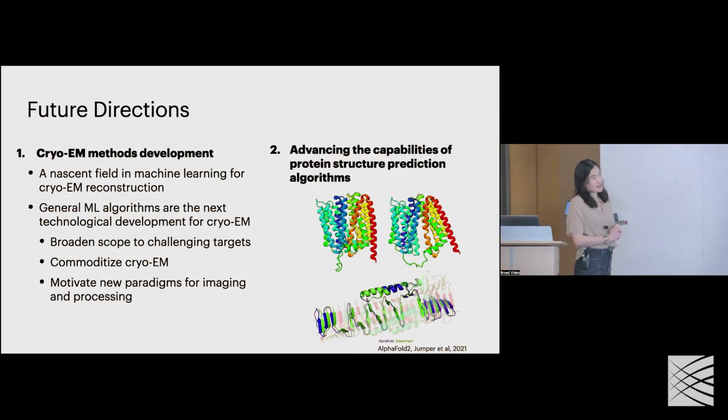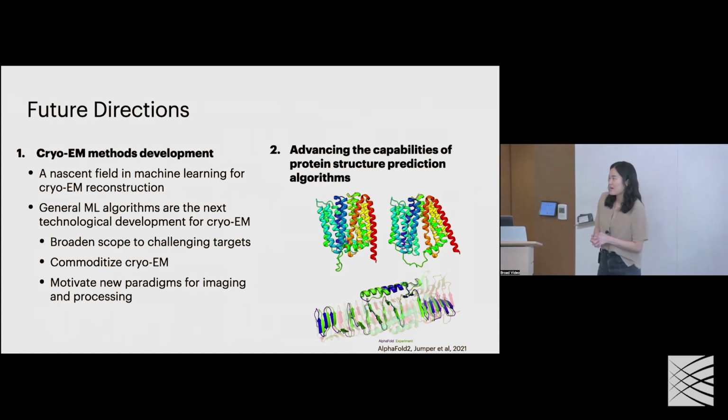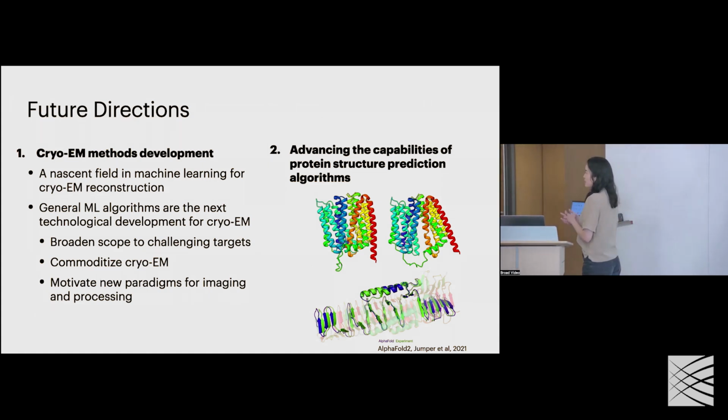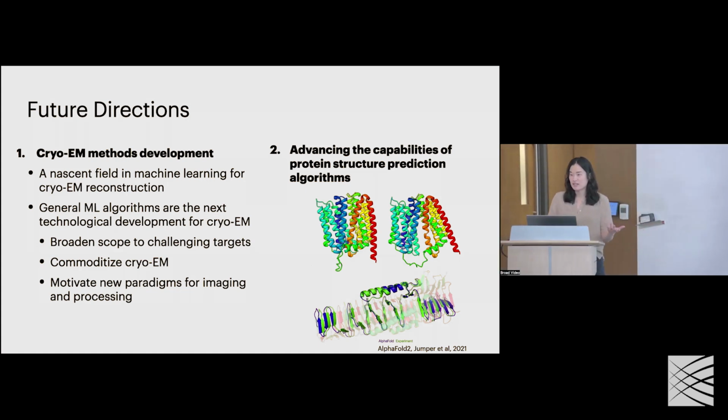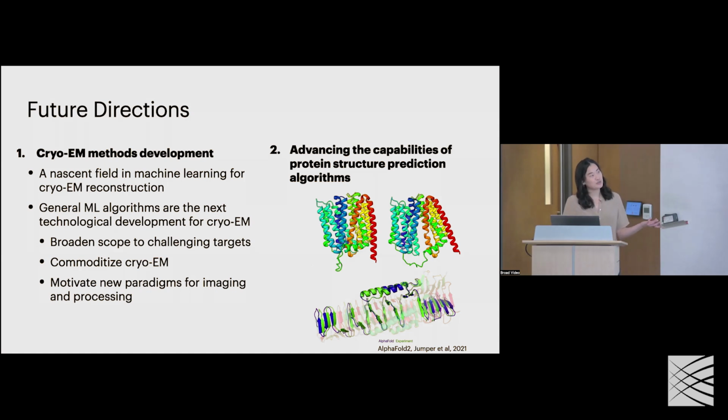Obviously, moving forward, the main takeaway I have, especially from cryo-EM data, is that the current generation of structure prediction models don't predict dynamics that well, like the different conformational ensembles. And so if we can collect the data to train the next generation of prediction or design algorithms, I think that would be very exciting.